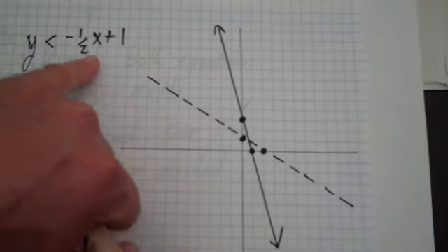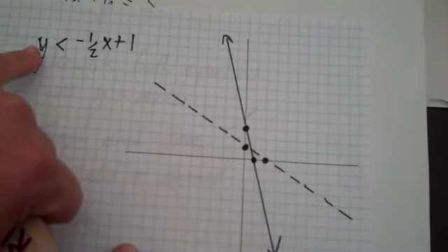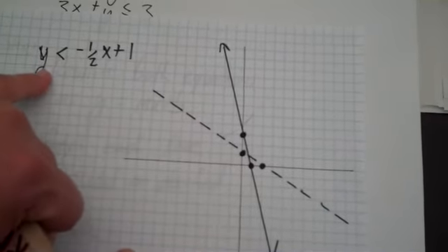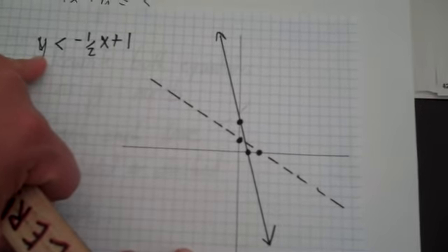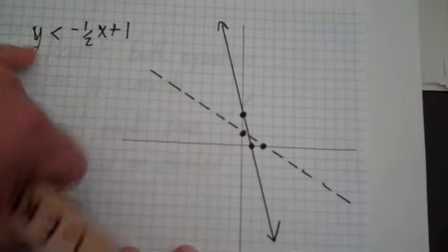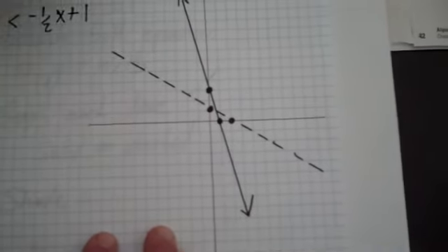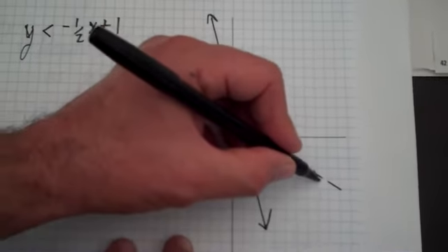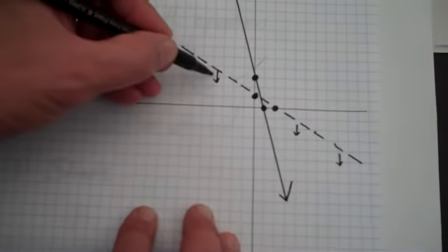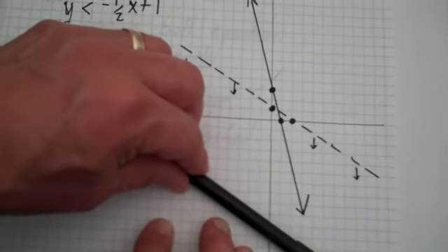This is the line, this is y. Is y less than the line, or is y greater than the line? Less than. So does that mean we're going to shade down or up? Down. We're going to shade down. So let's shade everything down here. And in pencil, what I've done is I've drawn little arrows that point downward because I'm going to shade all of this.